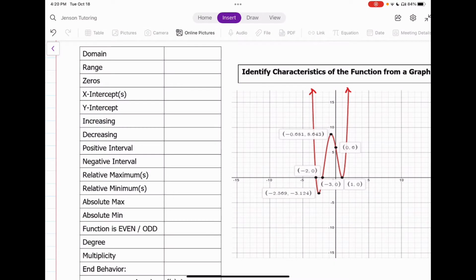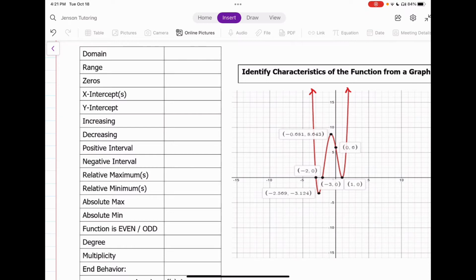So we're going to start with this problem, and we'll do this one together, and then we'll follow it up with one that you can do by yourself and then check the answers. So here we go. In a typical problem like this, we are given a graph, and in this case, several of the key coordinate points are identified for us on the graph to make it a little bit easier for us to read.